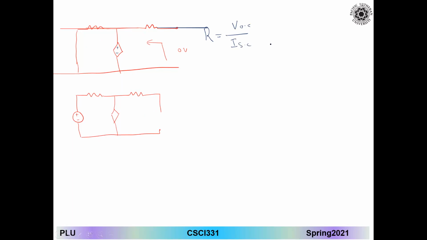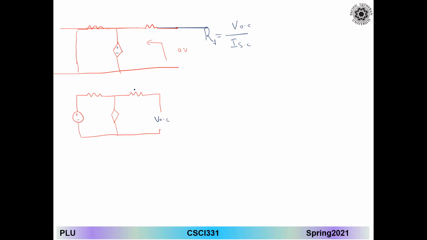There is no way to find R Thevenin besides that. When you have a dependent source in your circuit, keep it in your mind. So right now, that's the only thing I want to do. This is what I'm looking for to find my R Thevenin equivalent.